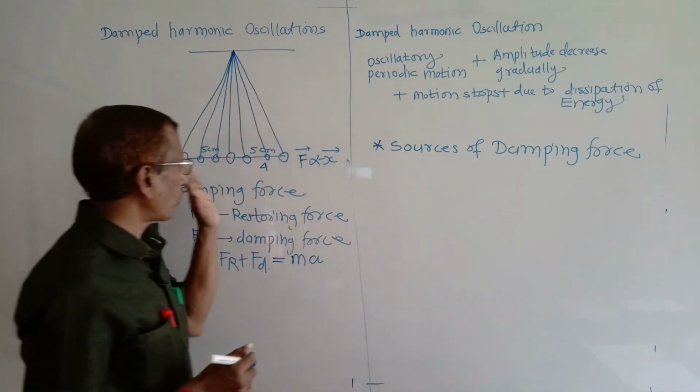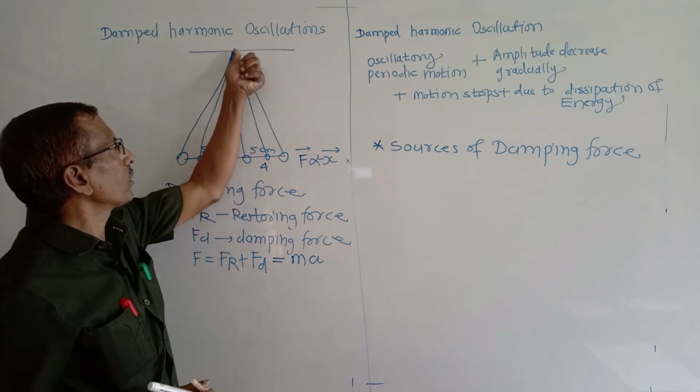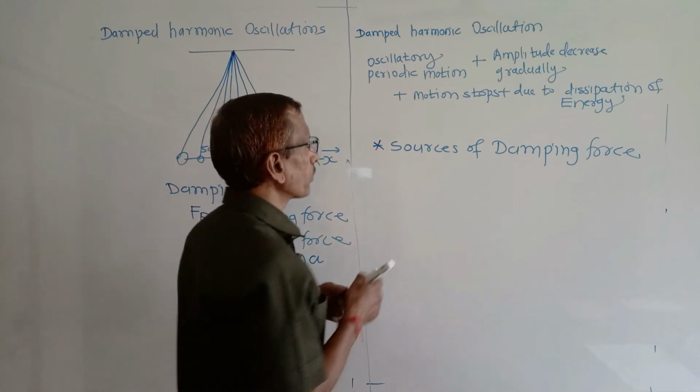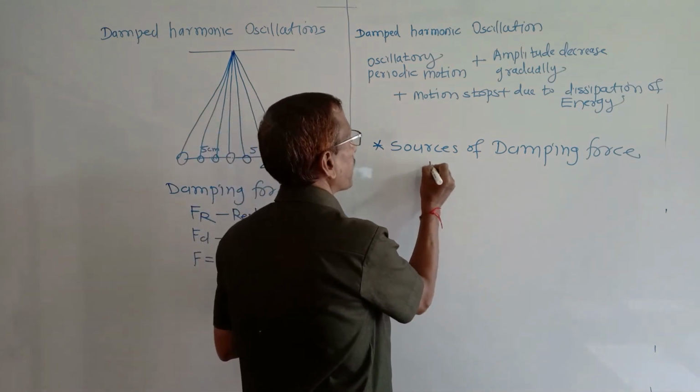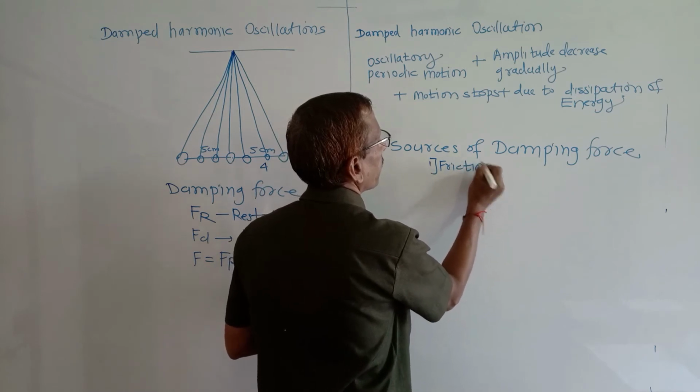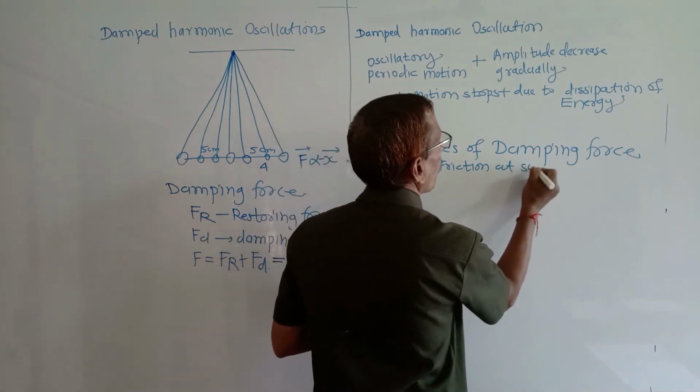When the bob performs oscillatory motion, there may be friction at the support. So the first factor is friction at the support.